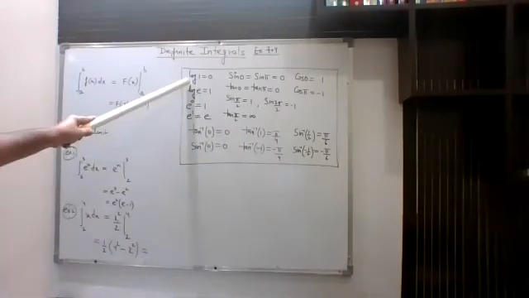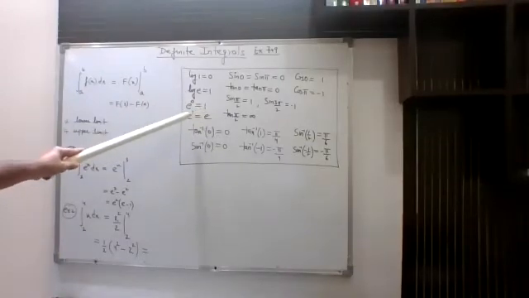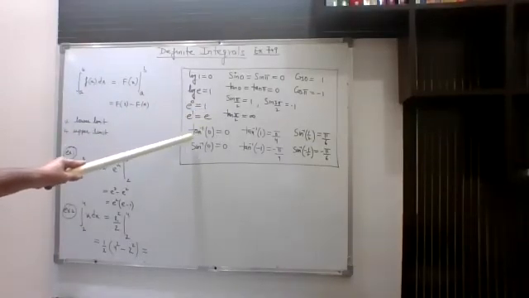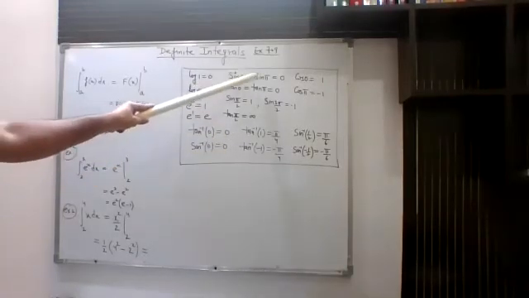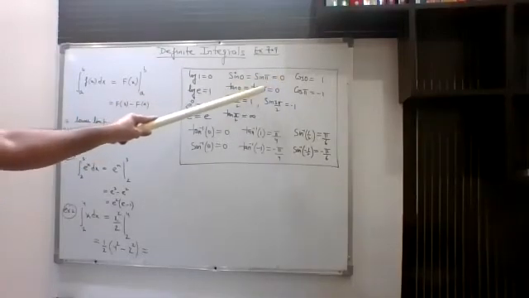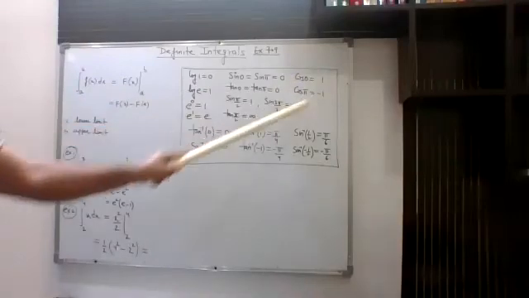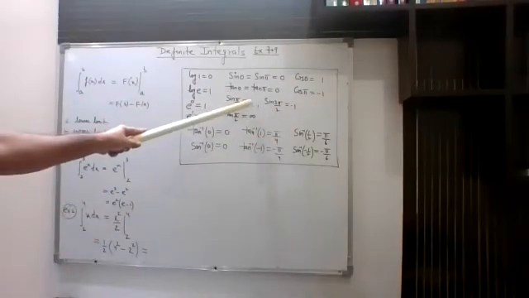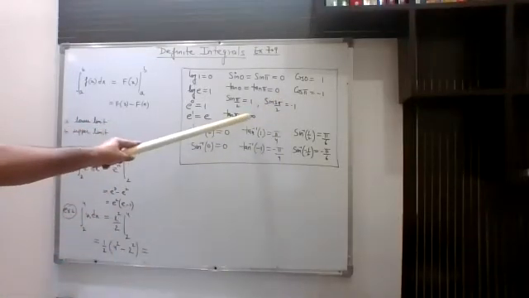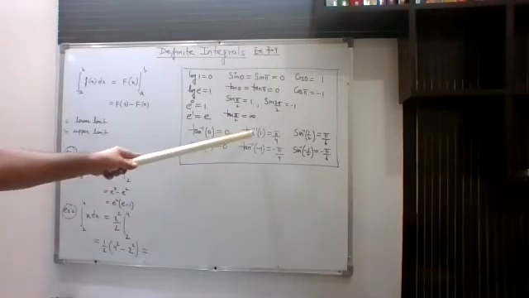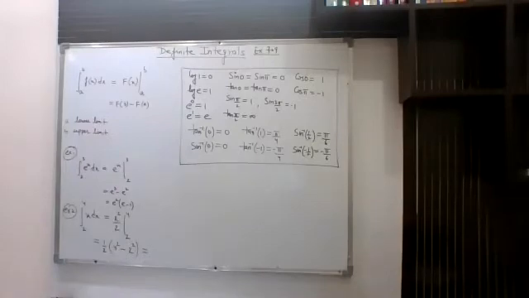Mostly you know it: log 1 is 0, log e is 1, e^0 is 1, e^1 is e, tan inverse 0 is 0, sin inverse 0 is also 0, sin 0 and sin pi are 0, tan 0 and tan pi are 0, then cos 0 is 1, cos pi is minus 1, sin 90 degrees is 1, sin 3 pi by 2 is minus 1, tan 90 is not defined, tan inverse 1 is pi by 4, tan inverse minus 1 is minus pi by 4, and so on.